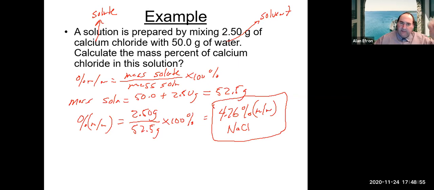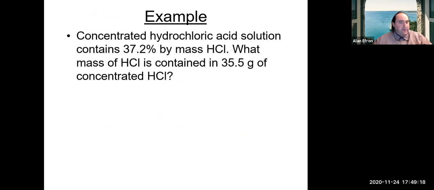Any questions on that calculation? I think we did this one before in an earlier chapter, if I'm not mistaken. Okay, so looking at another example of our percent mass to mass composition: if we made a 37.2% by mass hydrochloric acid solution, and we want to calculate how much HCl there was in 35.5 grams of the solution, again, we can use our percent mass to mass.